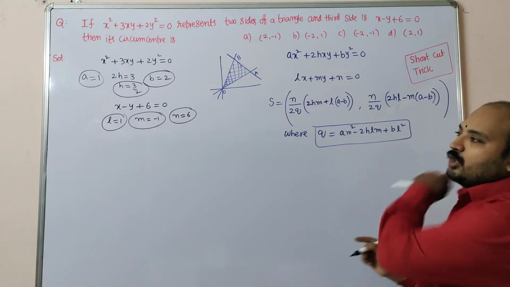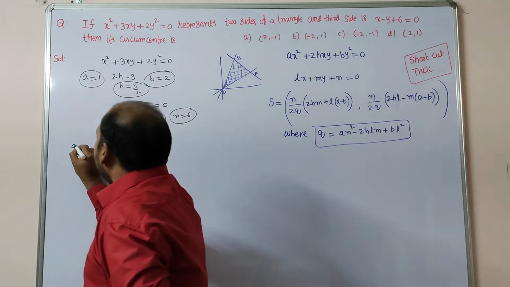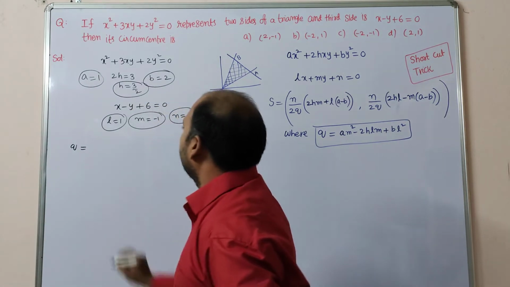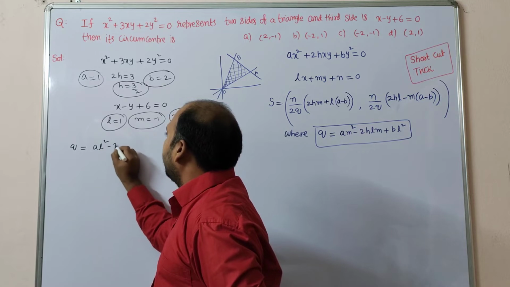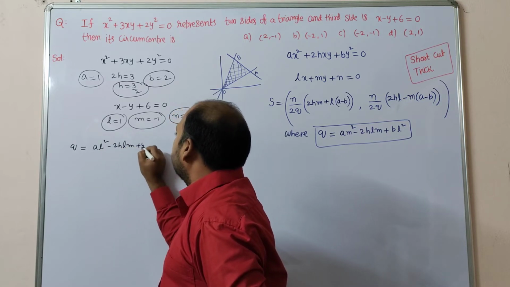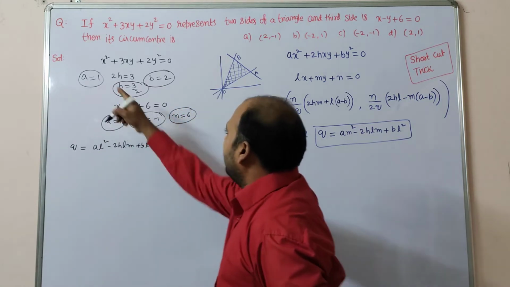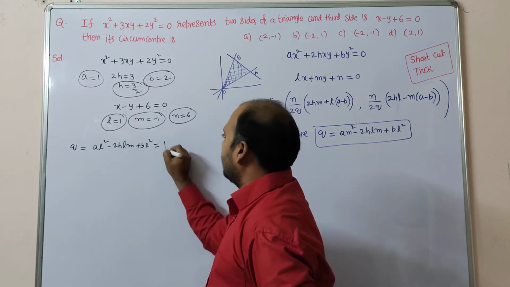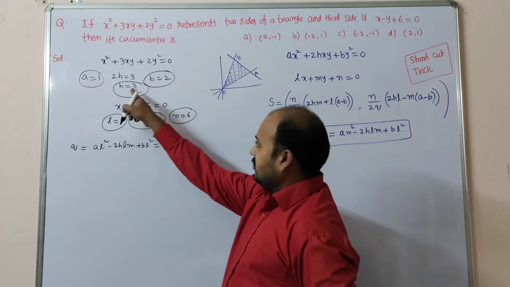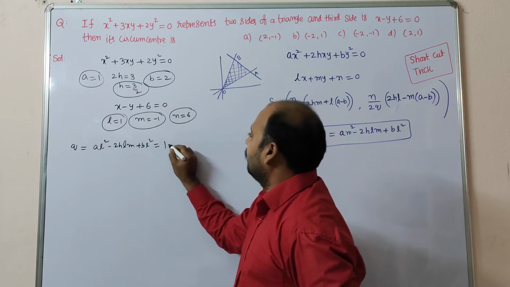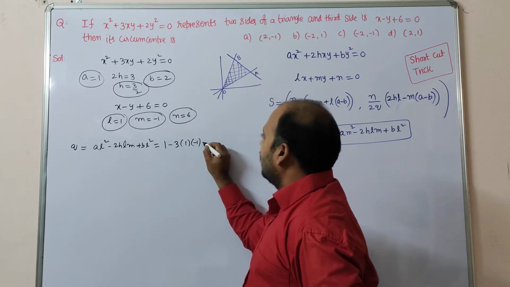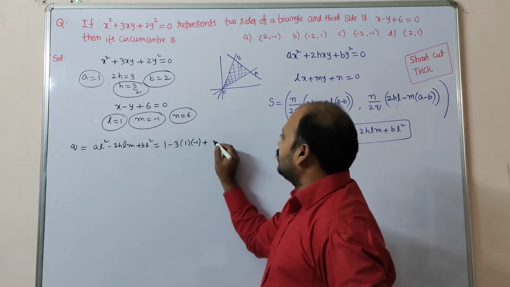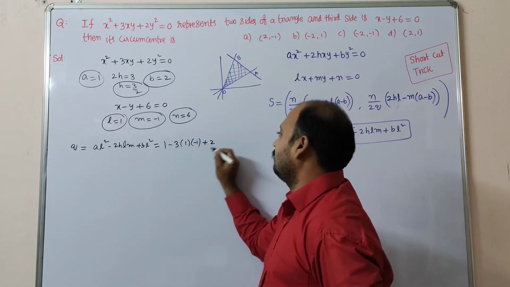Now first calculate Q. Q equal to al square minus 2hlm plus bl square. A value is 1 into l square 1, so it is 1. 2h is 3, minus 3 into l value 1, m value minus 1, plus bl square, b value 2, l square 1.